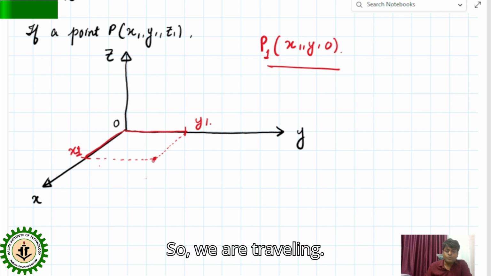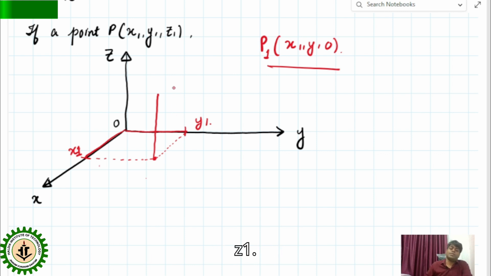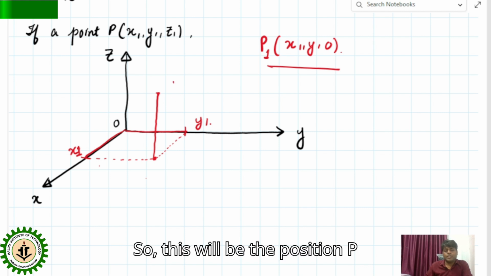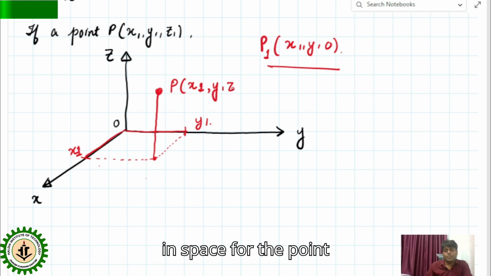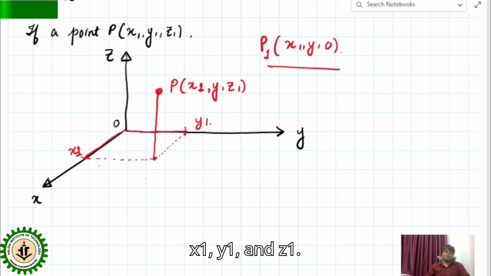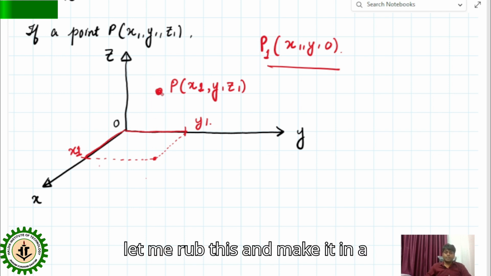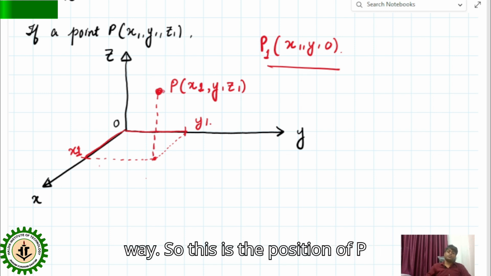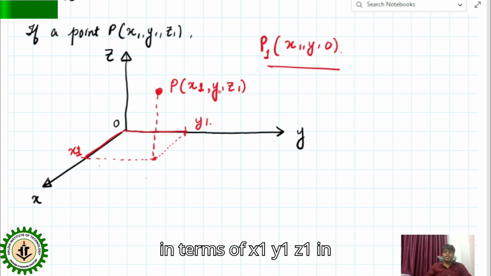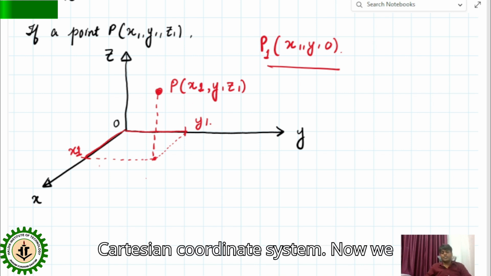So this is z1. Okay, so this will be the position P in space for the point x1, y1 and z1. Let me rub this and represent it in a dotted way. Okay, so this is the position of P in terms of x1, y1, z1 in the Cartesian coordinate system.